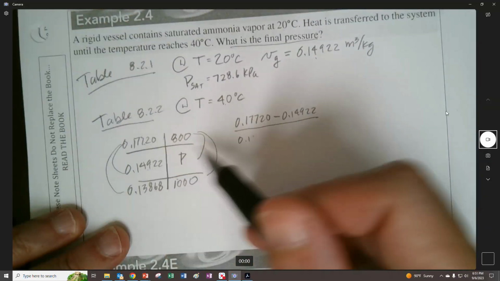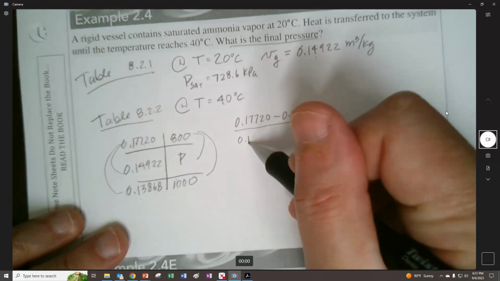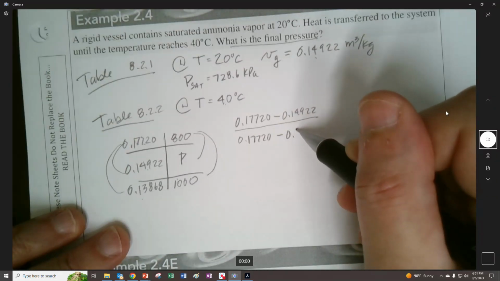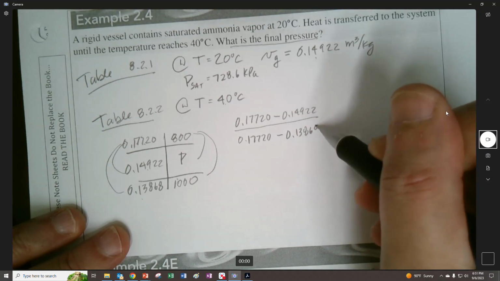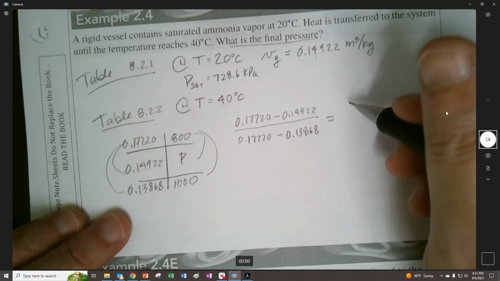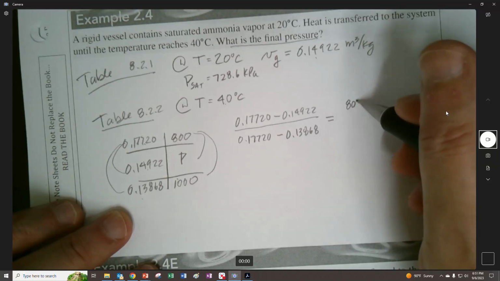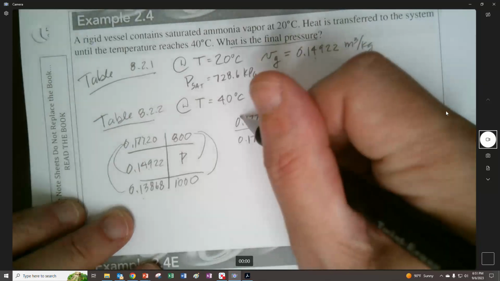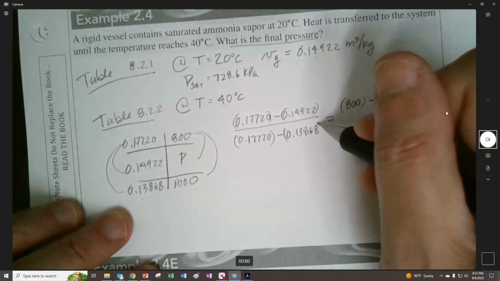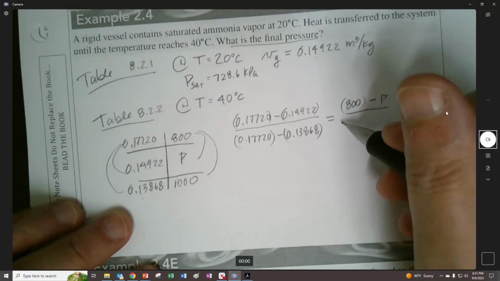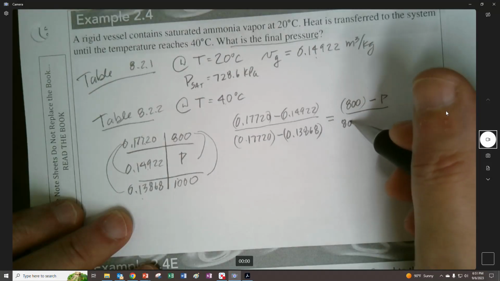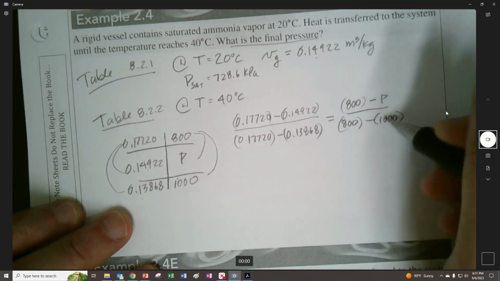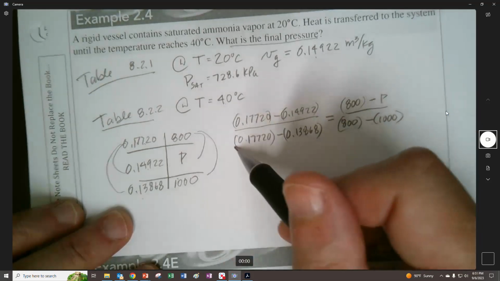That one minus that one, and then this one minus that one, equals 800 minus P. I like to put these parentheses around stuff. I don't know when I started doing it, but it always made it look better to me. And then we're going to go 800 minus 1000. Notice that this is minus right there. It's going to be a negative 200.